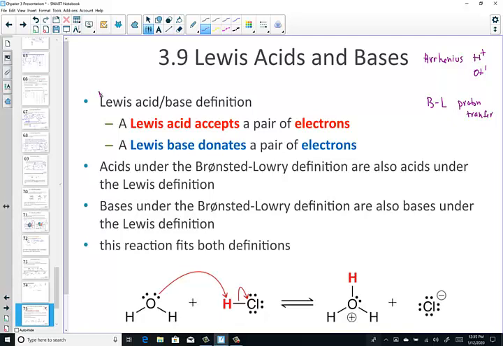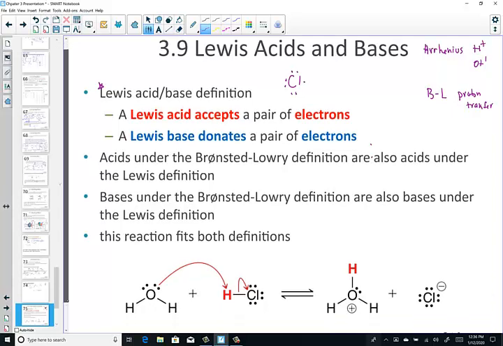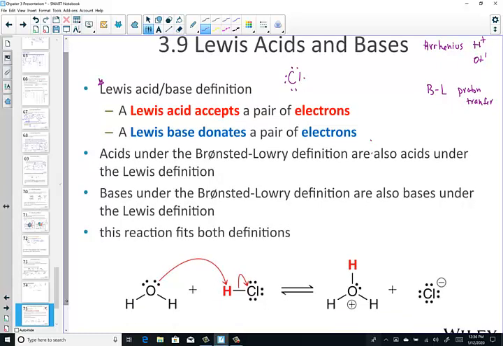And the third working definition we should be familiar with is the Lewis acid and the Lewis base. This is the same gentleman that gave us Lewis dot structures, right? So that's a Lewis dot structure for chlorine. These are the Lewis acid-base definitions. A Lewis acid accepts a pair of electrons. A Lewis base donates a pair of electrons.